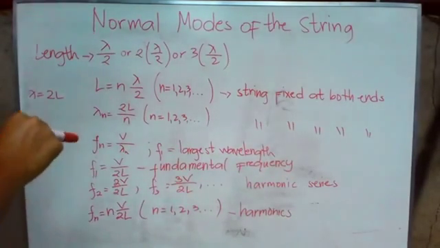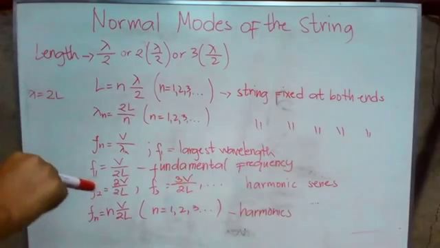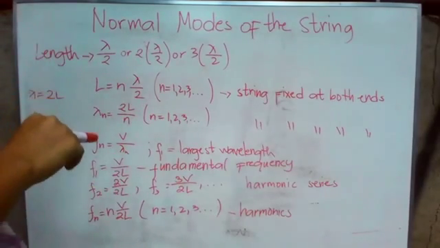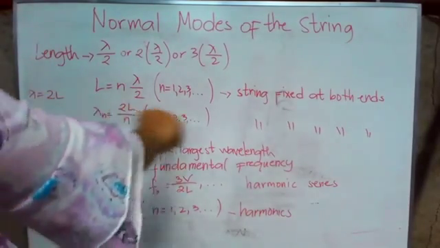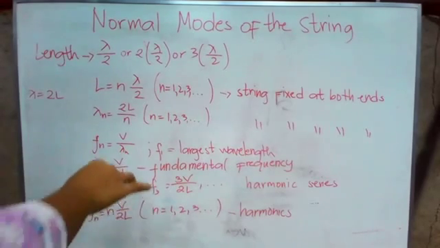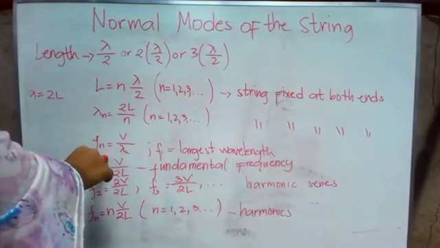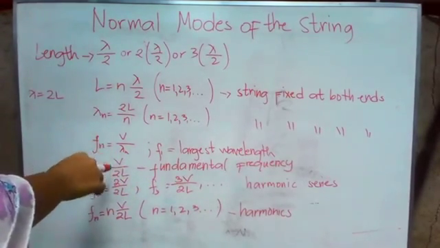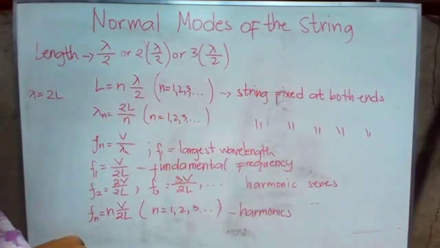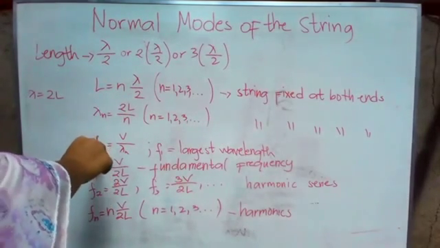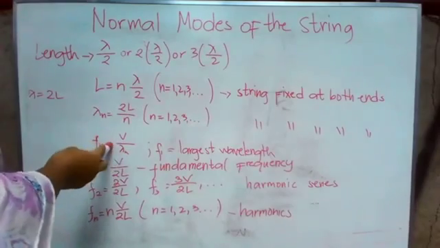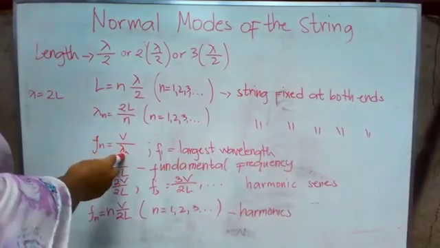Now, corresponding to the series of possible standing wave wavelengths lambda n is a series of possible standing wave frequencies F n, which is related to its corresponding wavelength, such that frequency sub n is equal to v over lambda sub n.